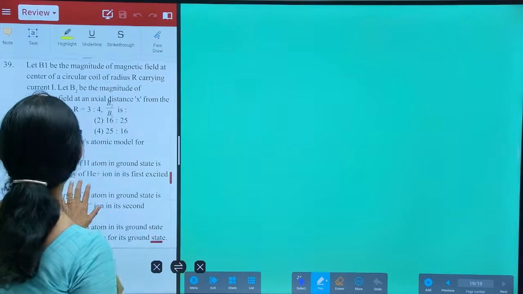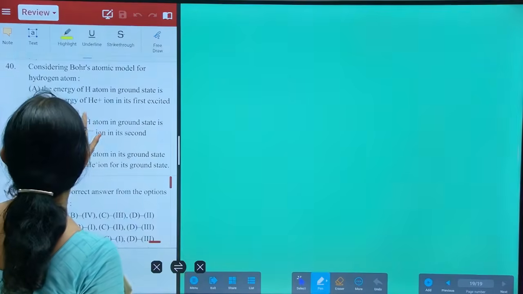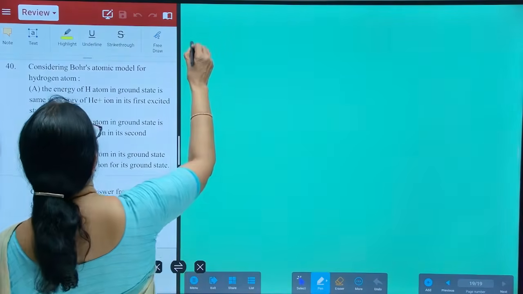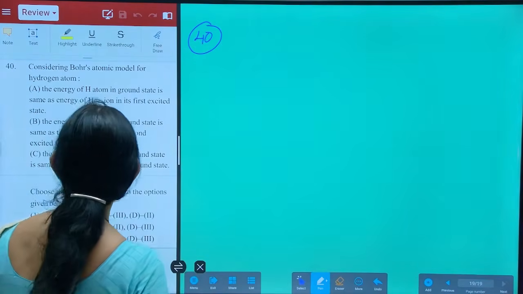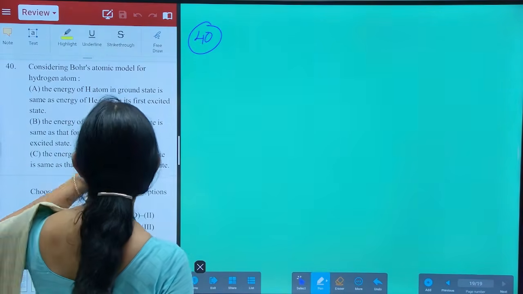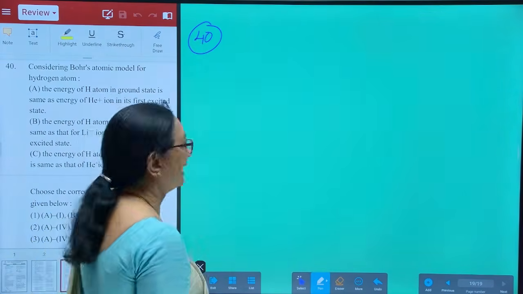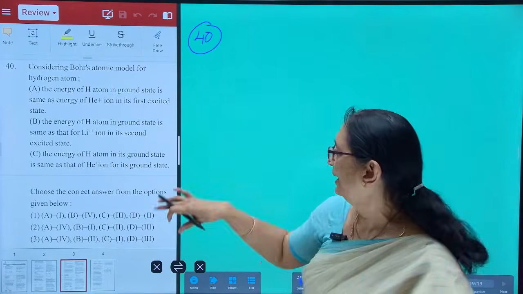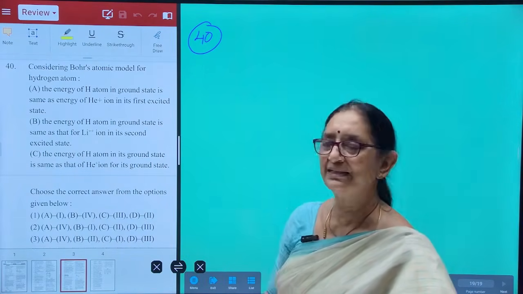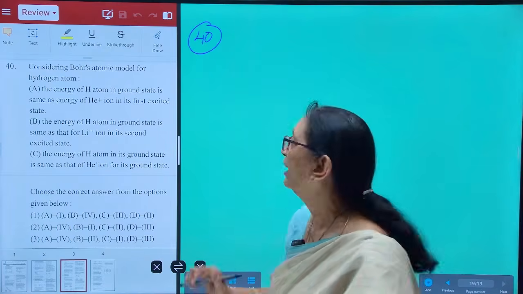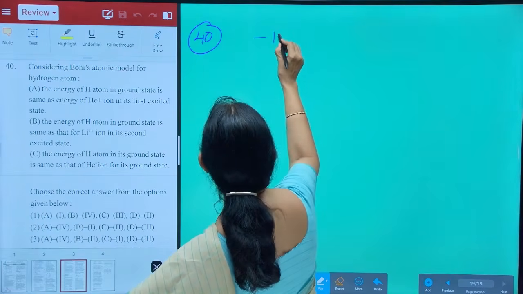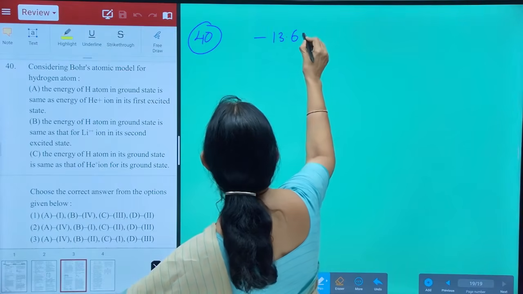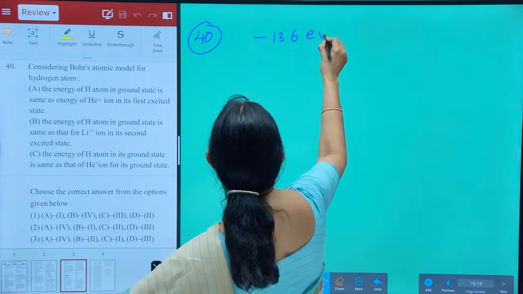Right. Let us go to the next problem. Considering the Bohr atom model for hydrogen atom, the energy of hydrogen atom in ground state is same as that of... So, in all the options, energy of hydrogen atom in the ground state. We know energy of hydrogen atom in its ground state is minus 13.6 electron volts.